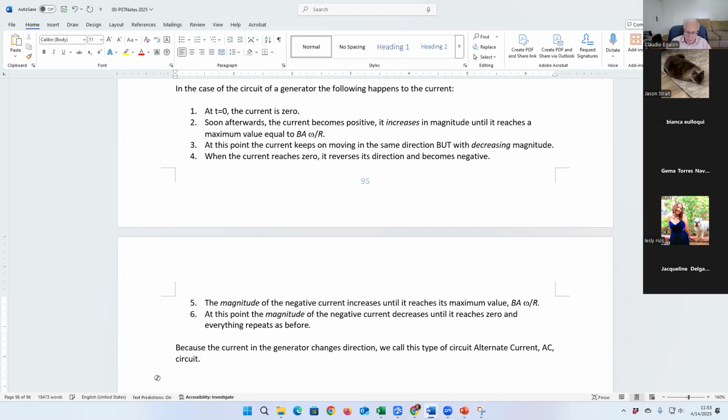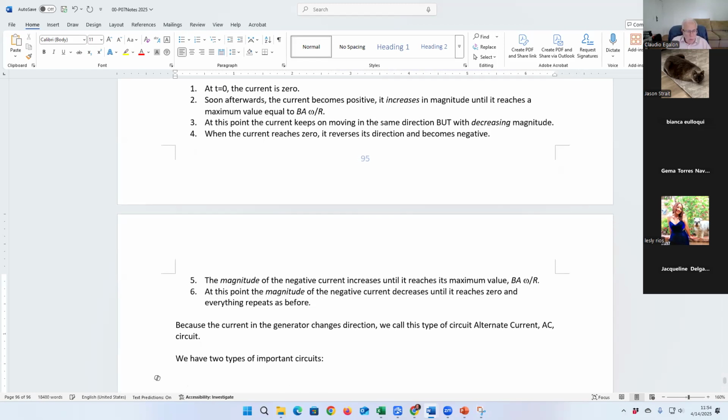So we have two important types of circuits. One, direct current, DC, current that moves in a single direction, like the circuit with a battery.